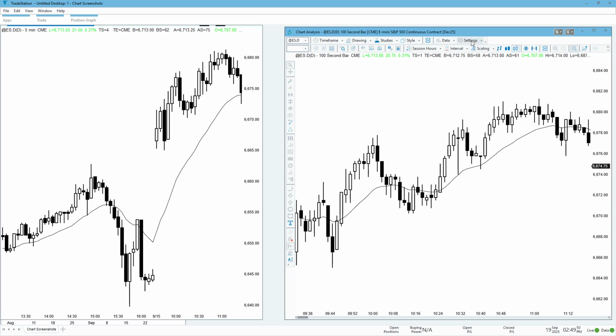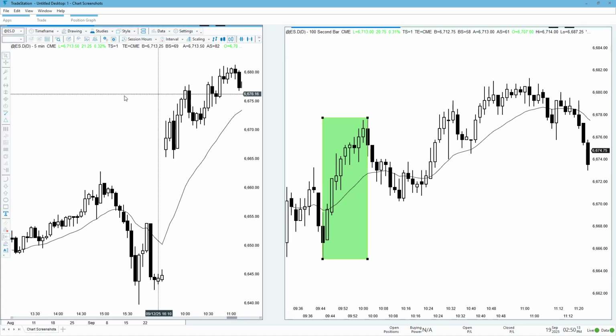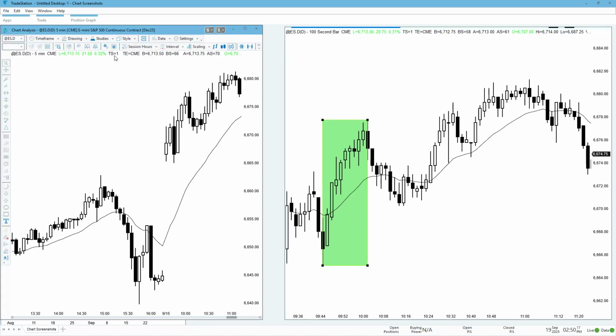First thing, let's talk about the breakout first. The green rectangle is showing the exact same period of time.